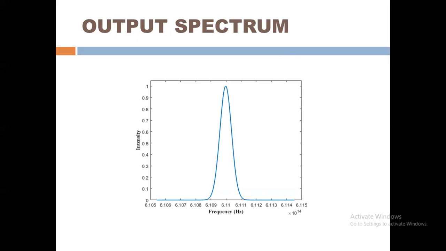The value of the full width half maximum is equal to the line width of my laser, and it is 91 gigahertz, which has been stated earlier by me. This is how I have plotted my output spectrum using MATLAB, so that the FWHM is equal to the line width, and the maximum intensity occurs at the emission wavelength.